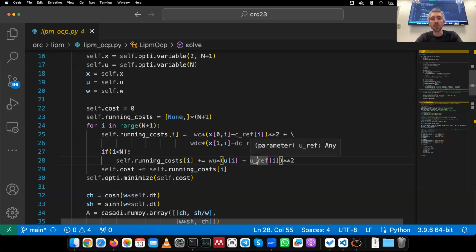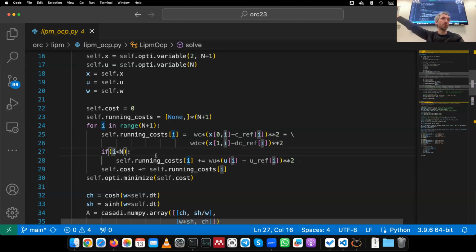Also the center of pressure if the time step is not the last one. At the very last time step, we don't have the center of pressure defined because in trajectory optimization, the control inputs stop at time step n-1. We don't have control inputs for the last time step because they would be useless since we are not computing the state afterwards.